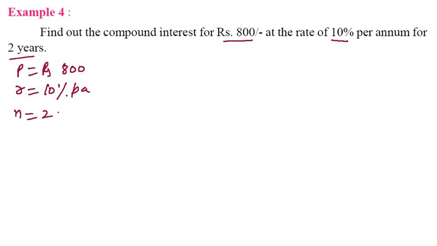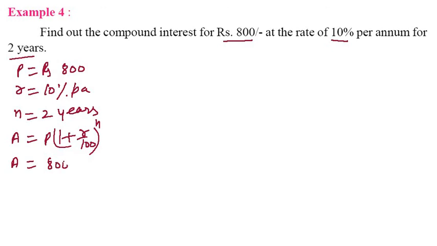So the formula is that A will be equal to P, 1 plus R upon 100, to the power N. So A will be equal to P, which is 800, and here 1 plus R is given as 10% upon 100, and the whole power is 2.